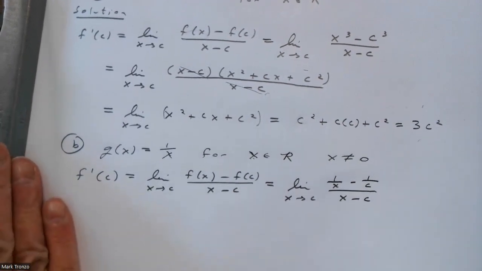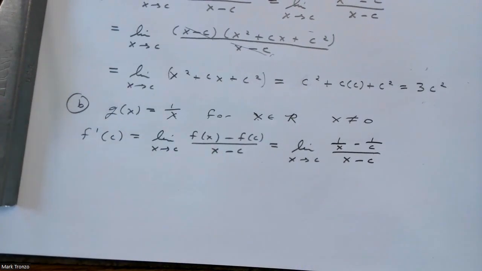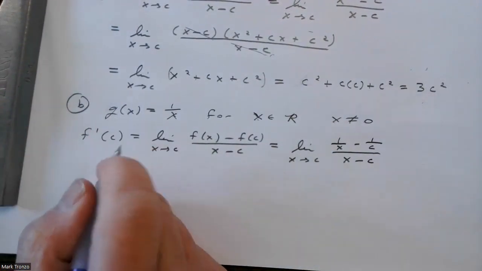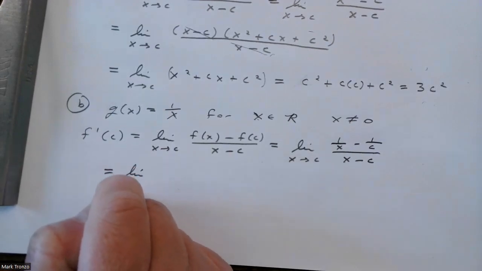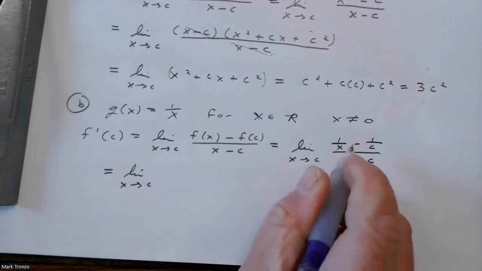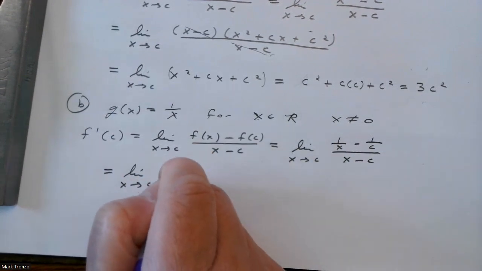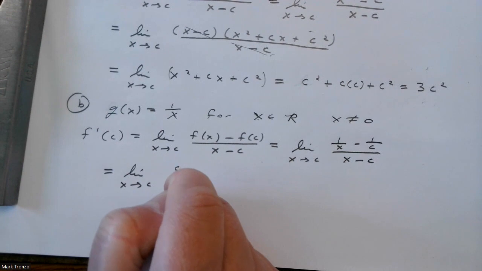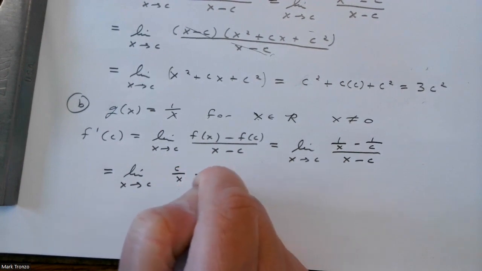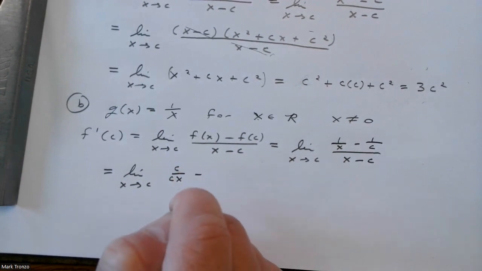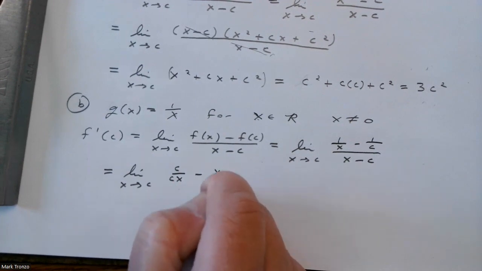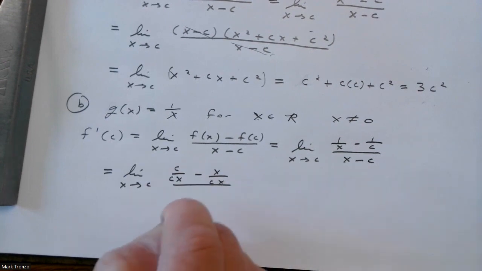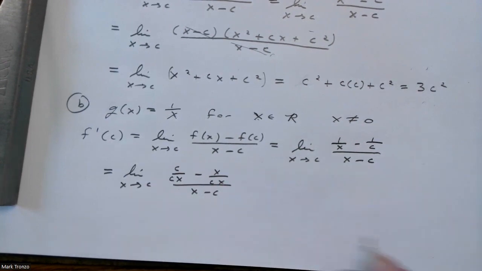And again, a lot of times you have to play with something like this. Usually a good start is always to find the common denominator. If you have two fractions like this, find the common denominator. If it doesn't give you the answer, it'll kind of give you an idea where to go. So we take c over cx minus x over cx, divided by x minus c.